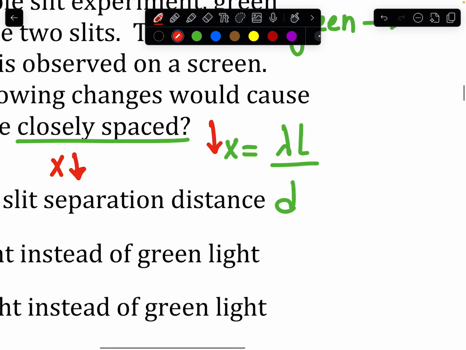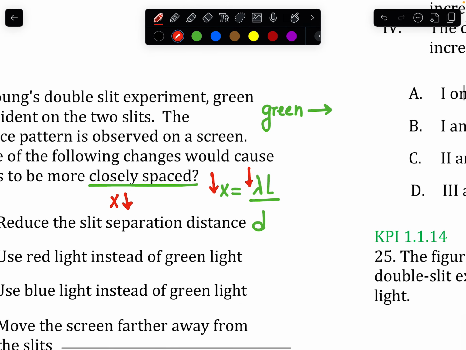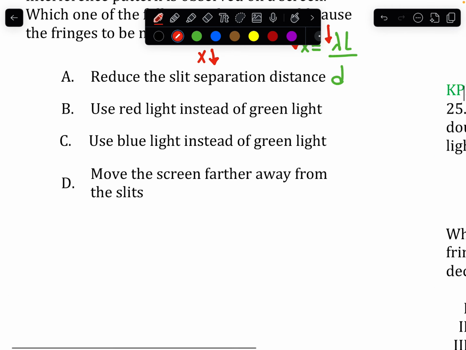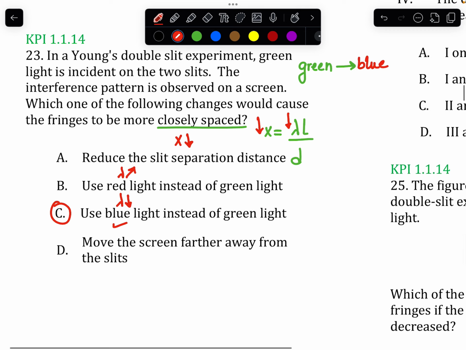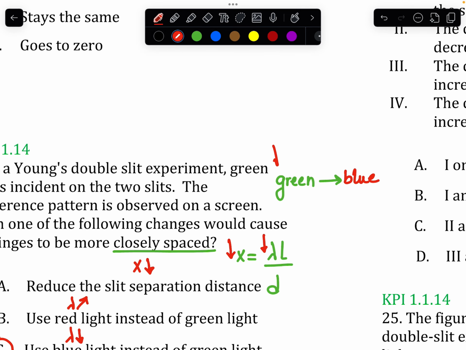So this means I must use a smaller wavelength. So I can go, let's say, to blue. So use blue light instead of green light. Not red. When you use red, this means that lambda is bigger. Blue has a smaller wavelength, so basically lambda of green is bigger than lambda of blue.